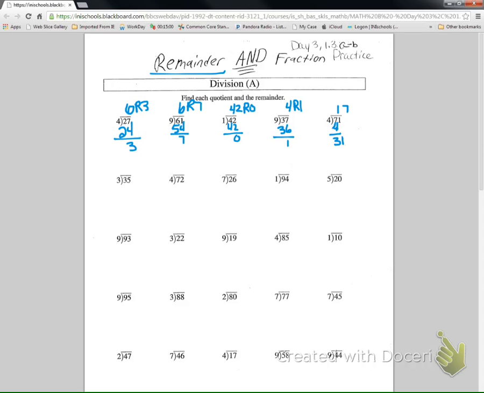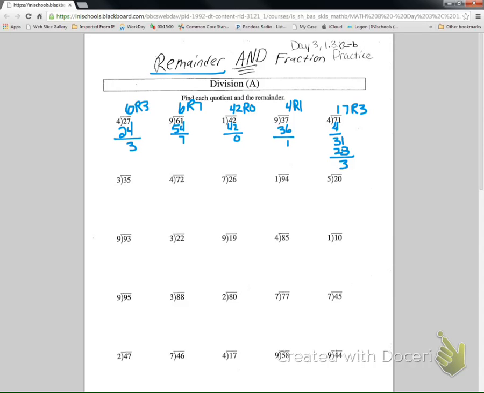It goes in 7 times. You'll get 28. 31 minus 28 then is 3. So you'd write remainder 3. So that's how you would do these in remainder form.